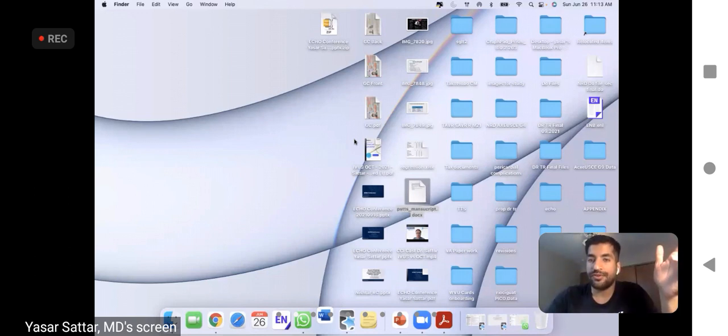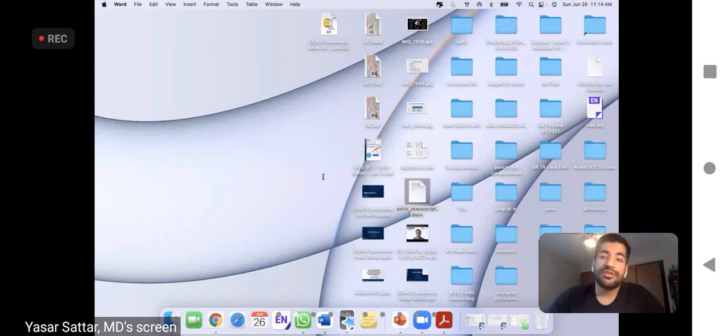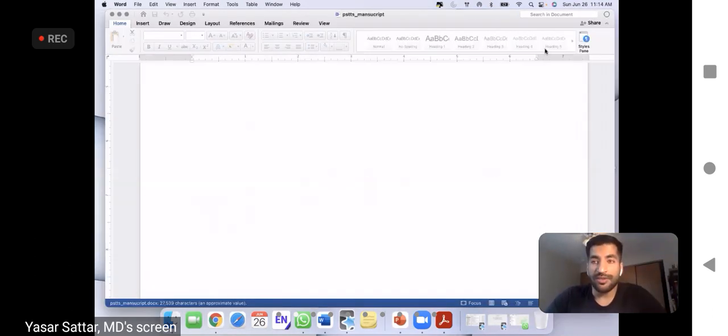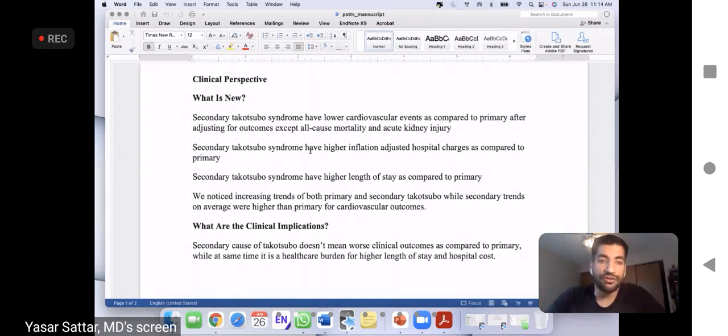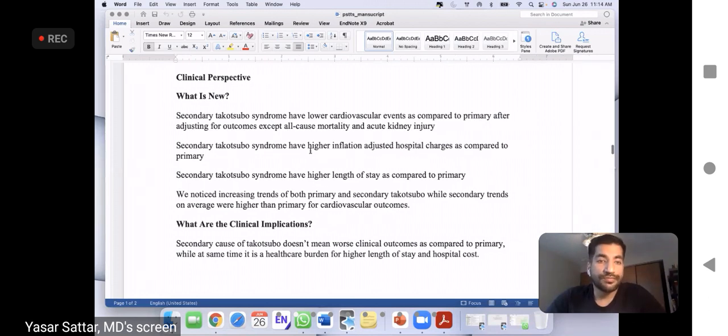The primary factor can be just psychological, or without any secondary factor, while the secondary factors can be due to sepsis, pneumonia, or any other secondary cause.